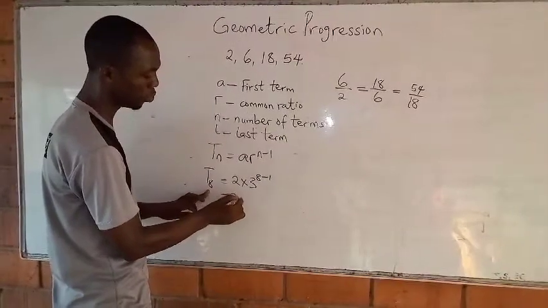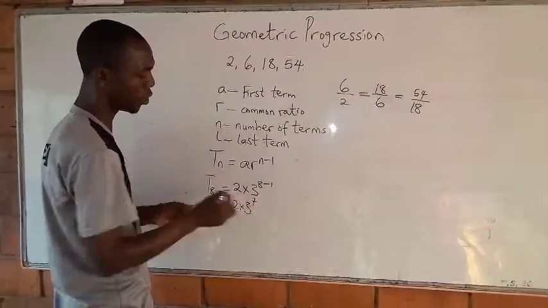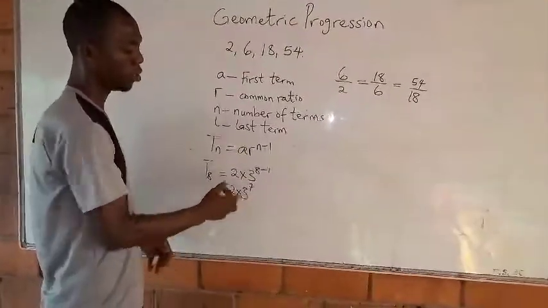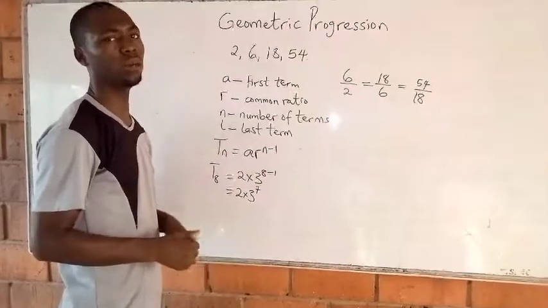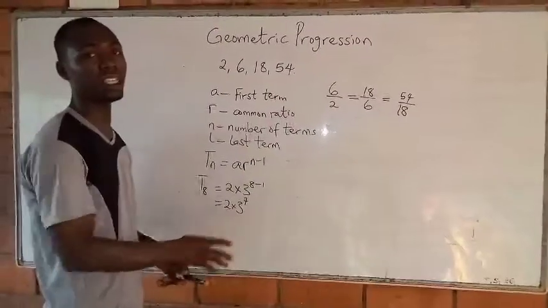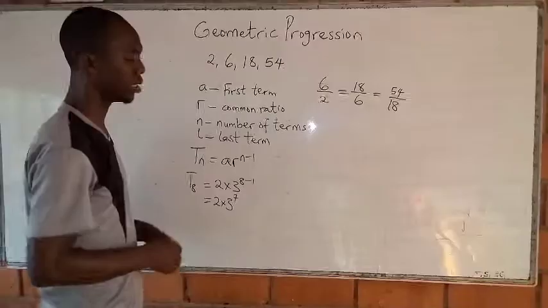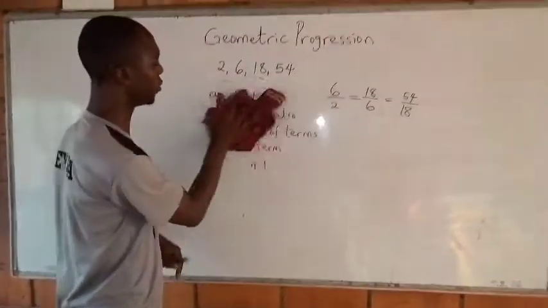So that is 2 times 3 raised to power 8 minus 1, which is 7. If you look at this figure, sometimes if you want to expand, it gives you a very large number. So it is advisable sometimes to leave your answer in index form when the number is going to be too large.